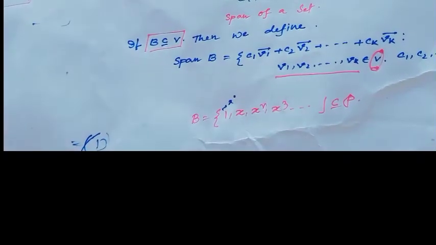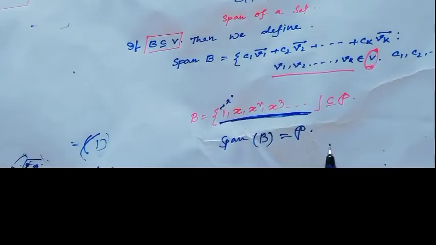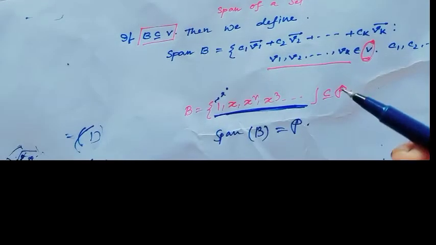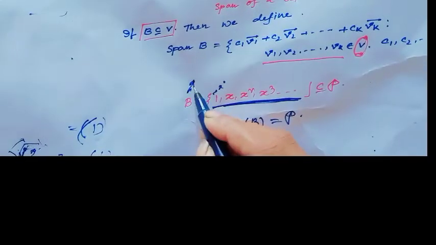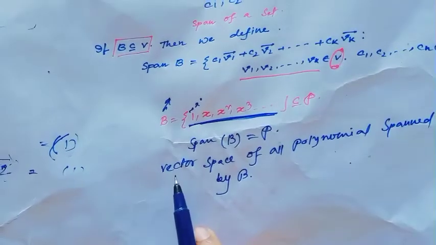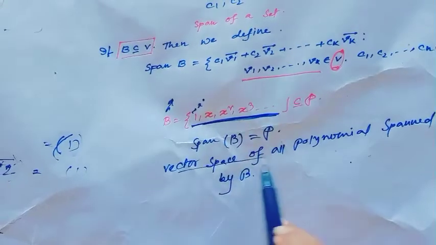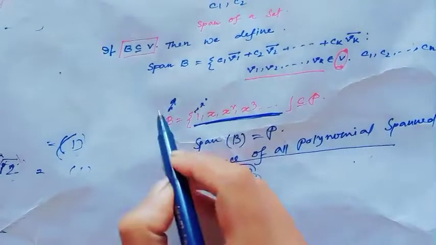That means all polynomials can be made as linear combinations of these vectors. So obviously the span of B is the whole space of polynomials. By definition, we say the vector space of all polynomials is spanned by this subset B.